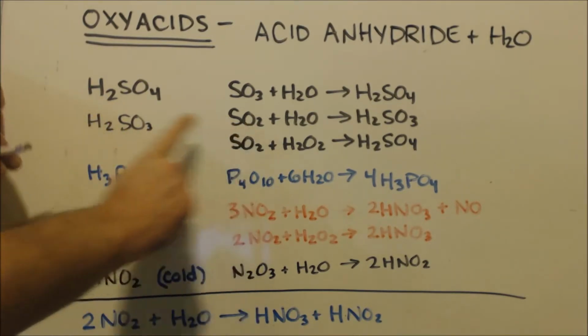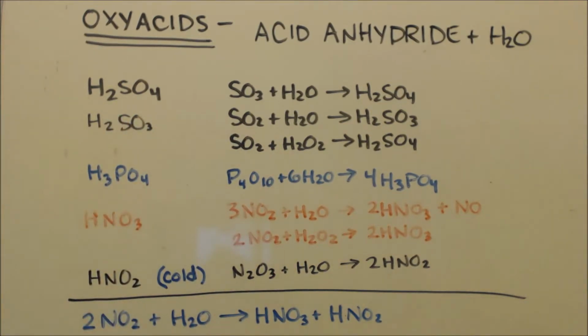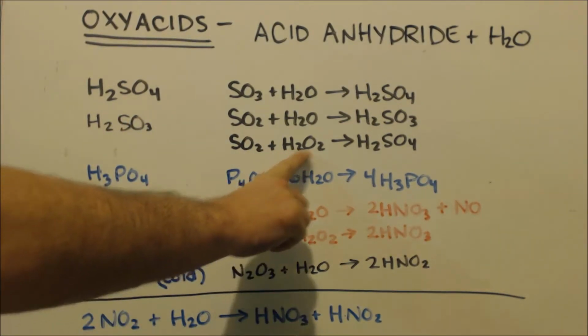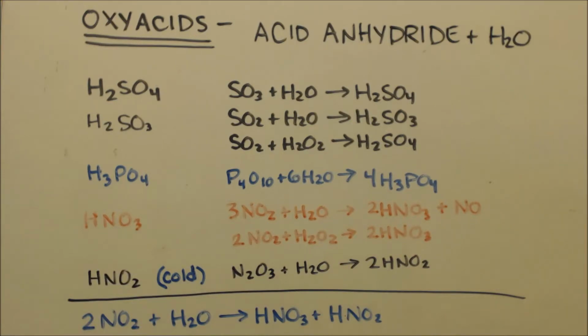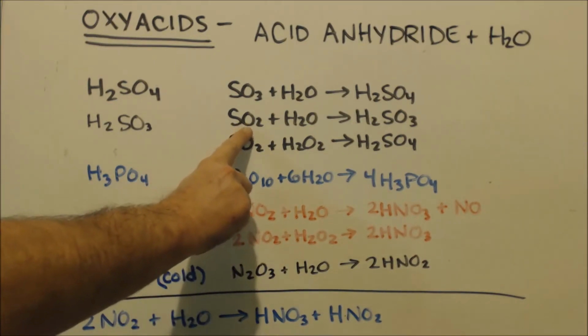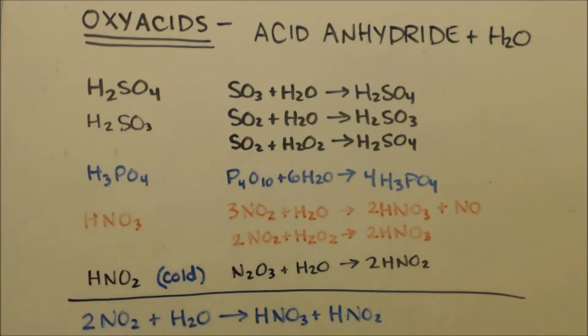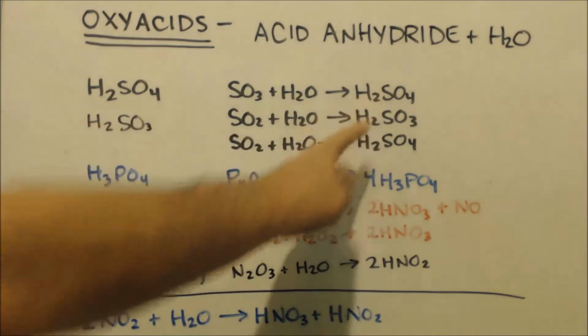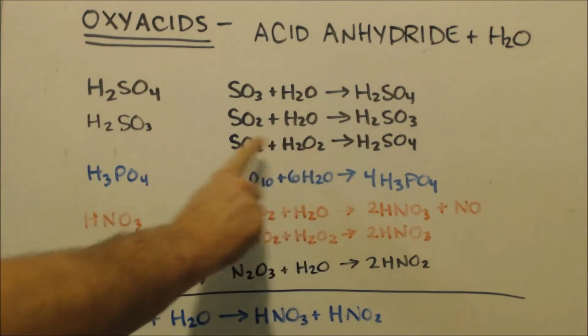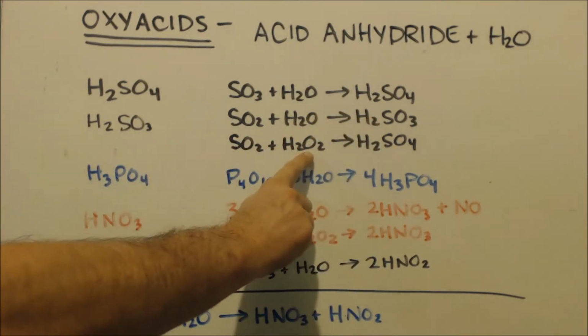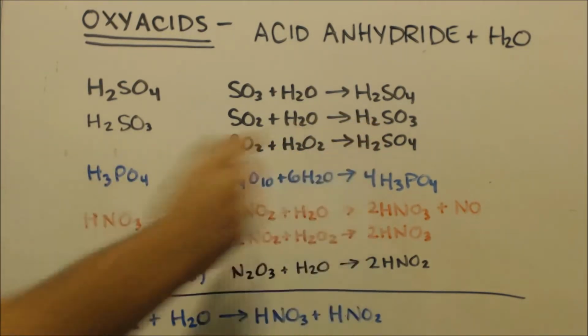That's the acid anhydride of that acid. Now you can use hydrogen peroxide to help you out too. If I used this anhydride with hydrogen peroxide, I can make that up to sulfuric acid, because this would oxidize it, adding an oxygen to it, and you'd make sulfuric acid.